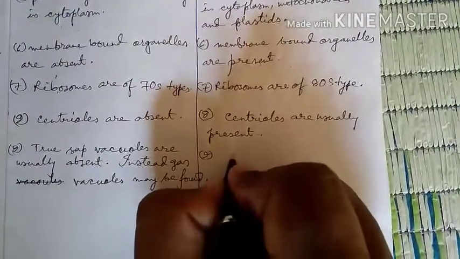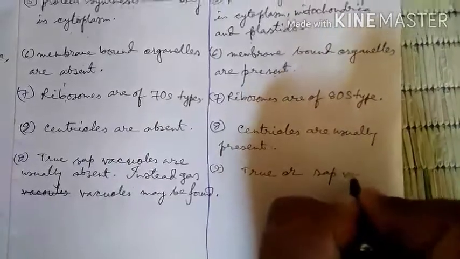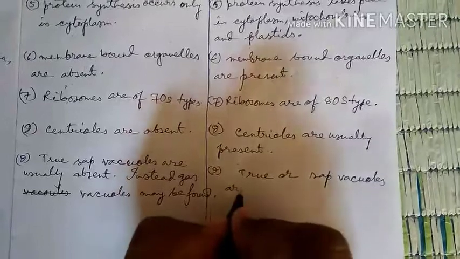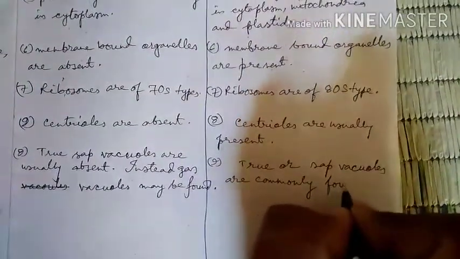In eukaryotic cells, true sap vacuoles are commonly found.